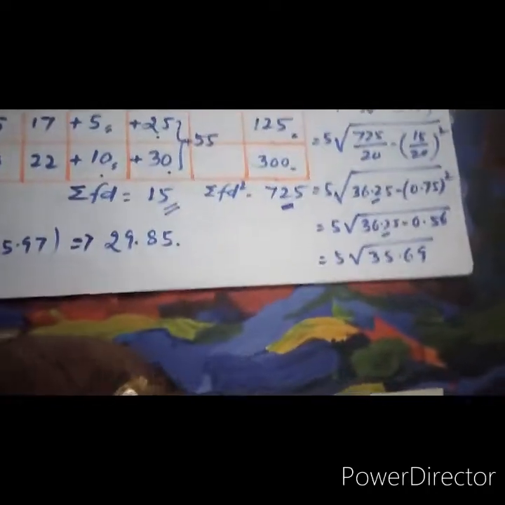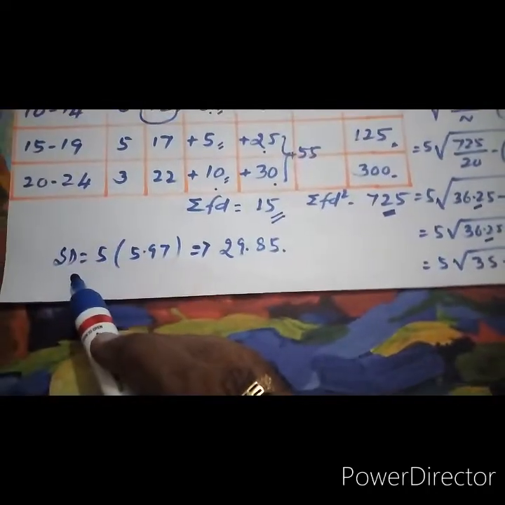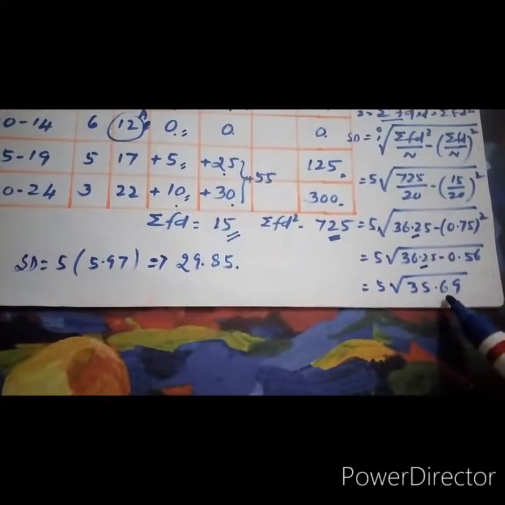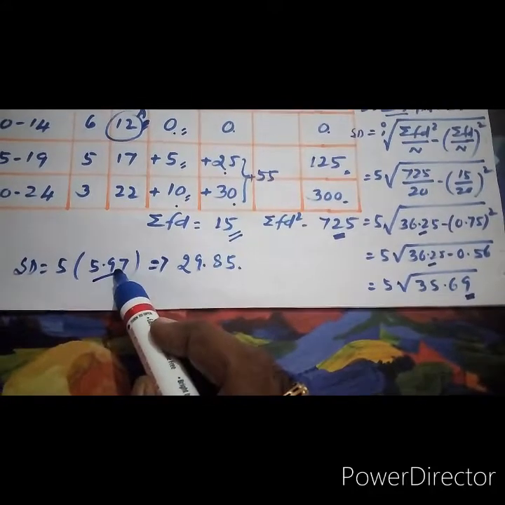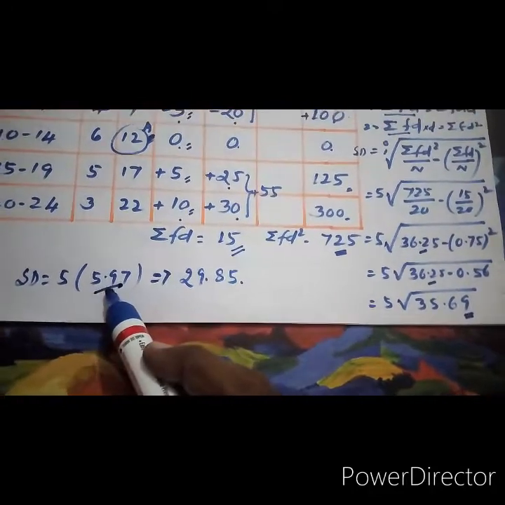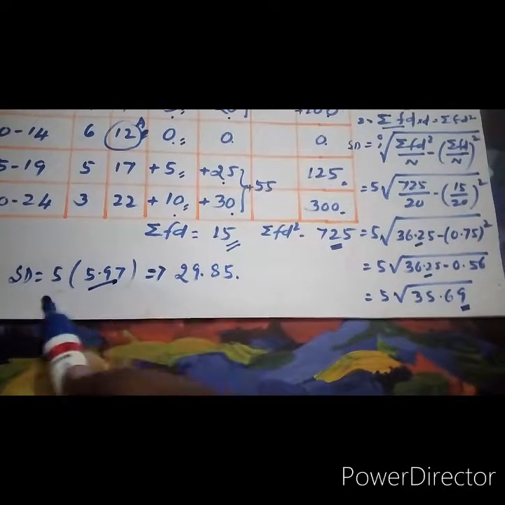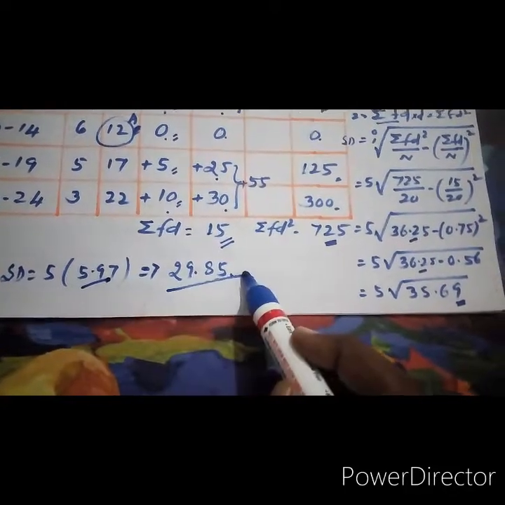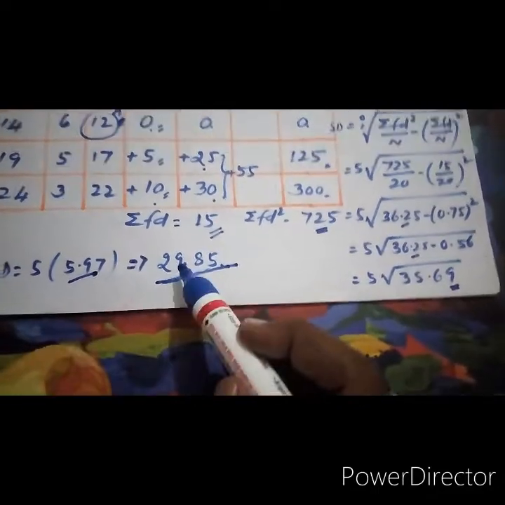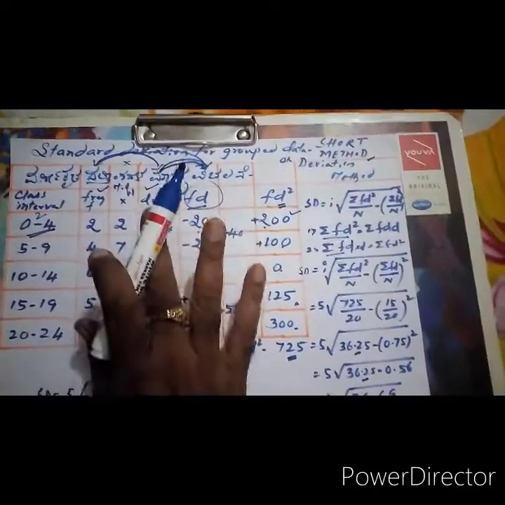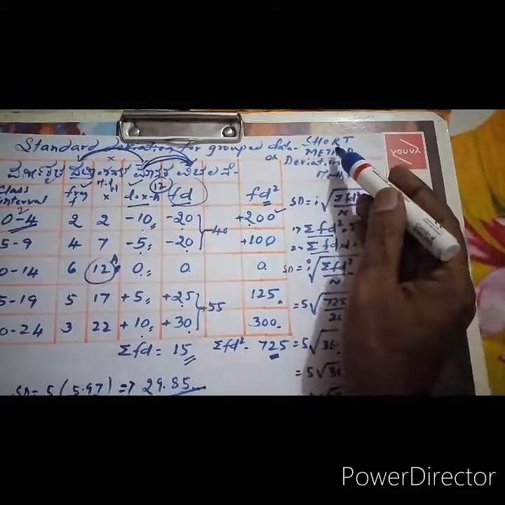Then SD is equal to 5 into the root of 35.69, which is 5.97. You multiply this 5.97 by 5, which is 29.85. This is the standard deviation of this problem by the short method.